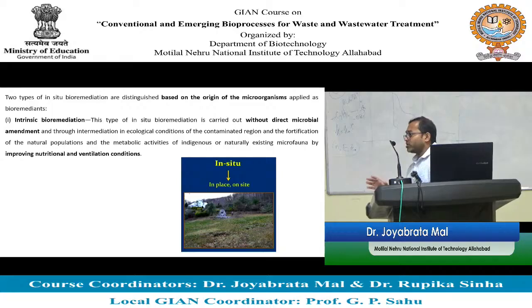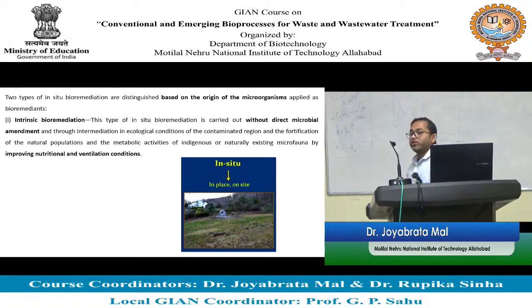In intrinsic, it's basically microbes. Whatever microbes are present, they are more than sufficient to do the treatment. So we don't need to add anything. It's basically the best possible scenario, but to enhance the degradation or bioabsorption rate, we can change the environmental conditions.